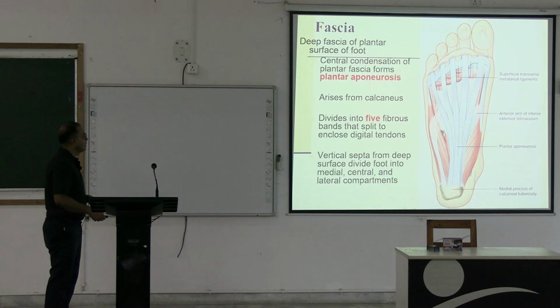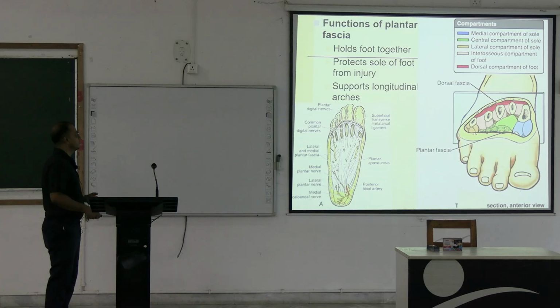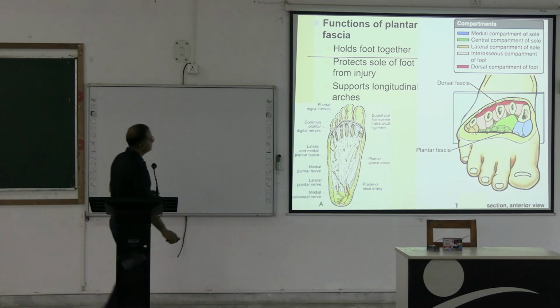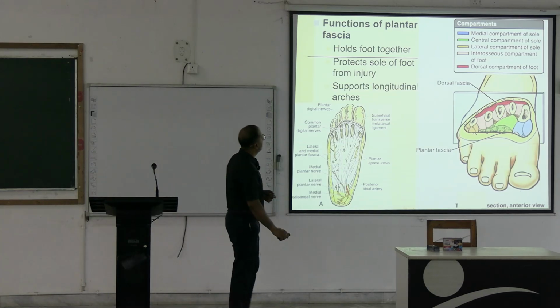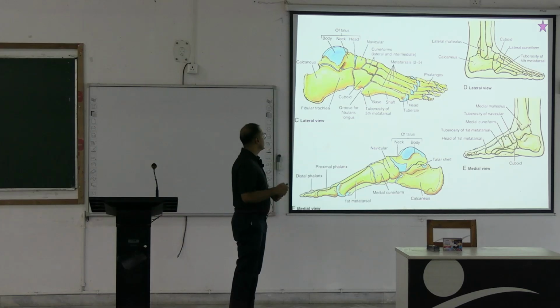tendo Achilles. Coming to the foot, we have the fascia we call the plantar fascia, just as we have the palmar fascia in the hand, which covers the deep muscles of the foot region. The foot consists of the calcaneum, talus, navicular, three cuneiforms, and then the metatarsals and the phalanges.